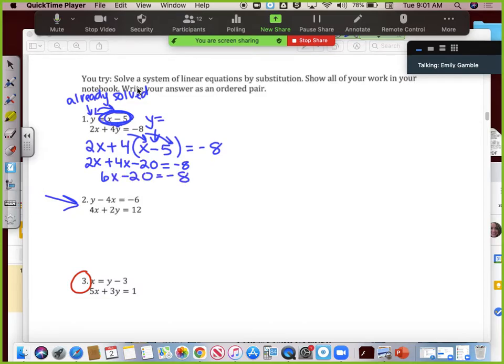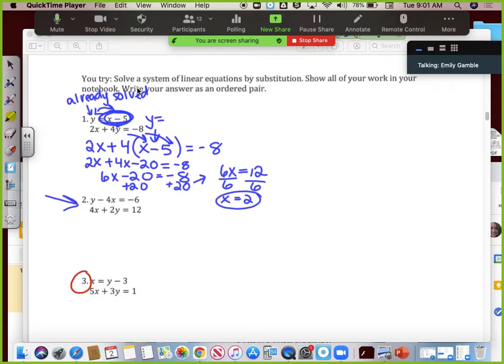So we get 6x minus 20 equals negative 8. We'll undo minus 20 by adding 20 to both sides, and we'll get 6x equals negative 8 plus 20, which is 12. Then we divide by 6, and the solution is x equal to 2. So now we have half of our answer.